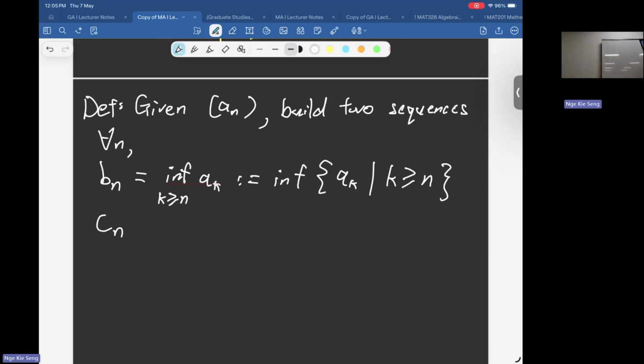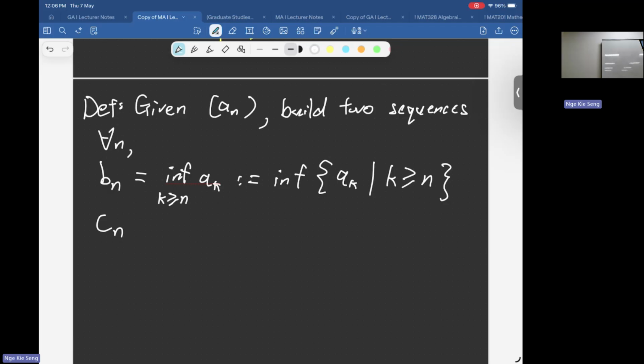Does this make sense? What is B1 here? For B1, you need to look at A1 up to A infinity, to A very big, and then find the infimum. Then for B2, you look at A2 up to infinity, and then find the infimum. Okay. So can you imagine, is this Bn increasing or decreasing?